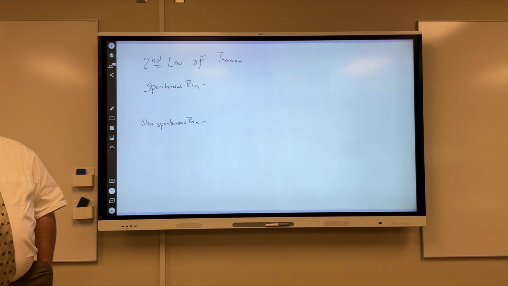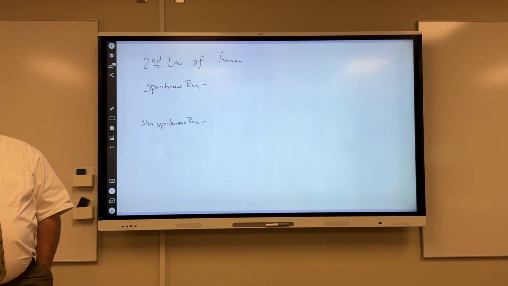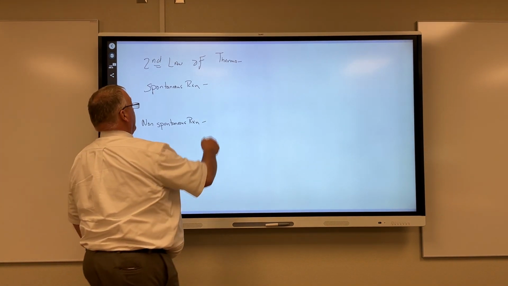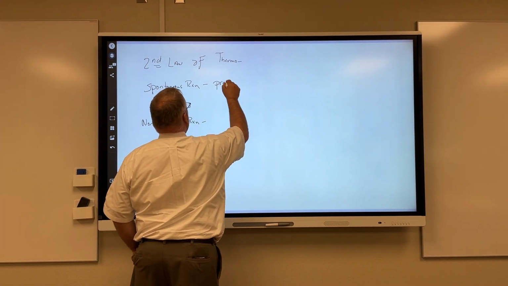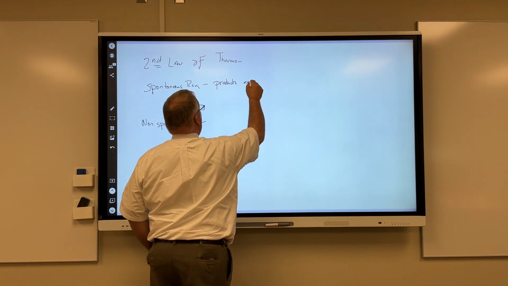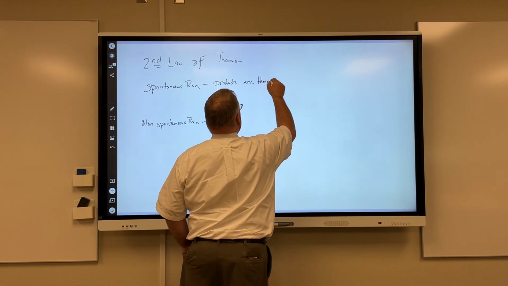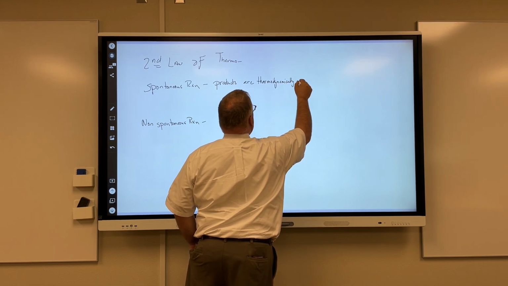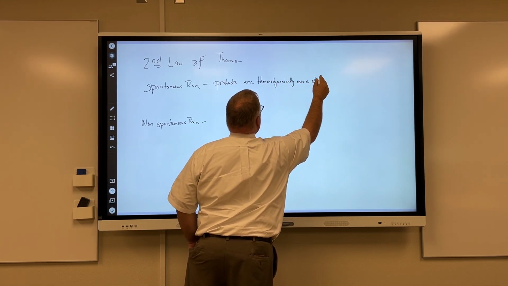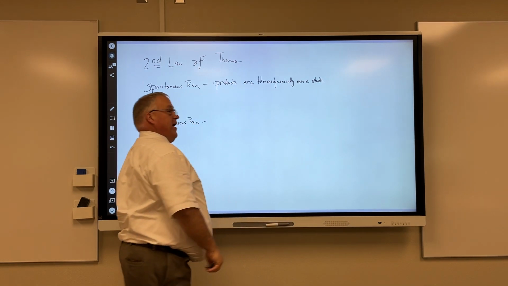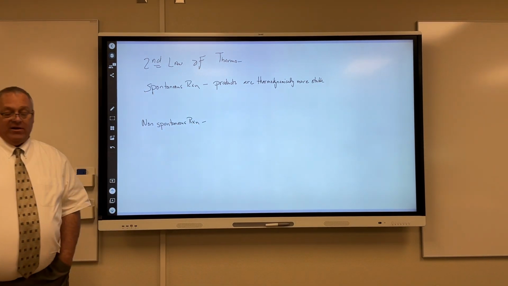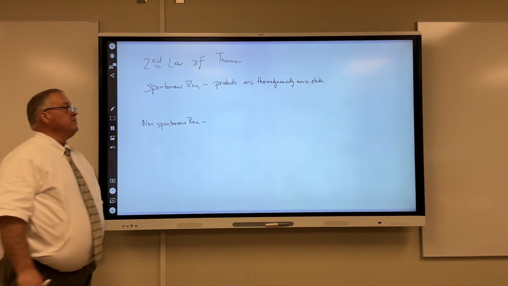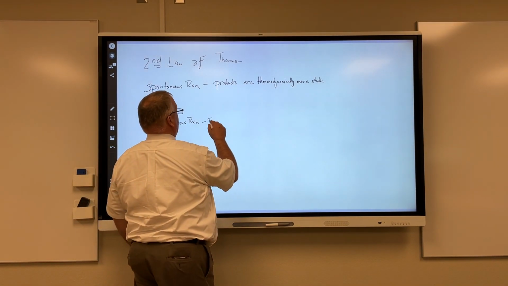It is only dependent on what? The beginning and the end, okay? So if I have a spontaneous reaction, the products are thermodynamically more stable than the reactants. If I have a non-spontaneous reaction, what would you think? The opposite. The reactants are thermodynamically more stable.